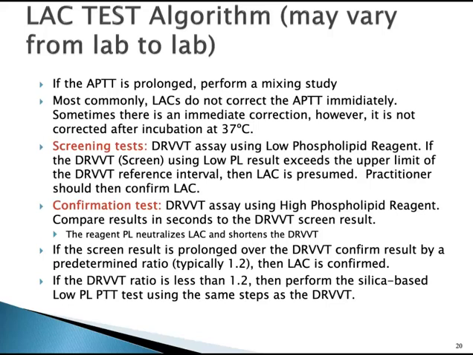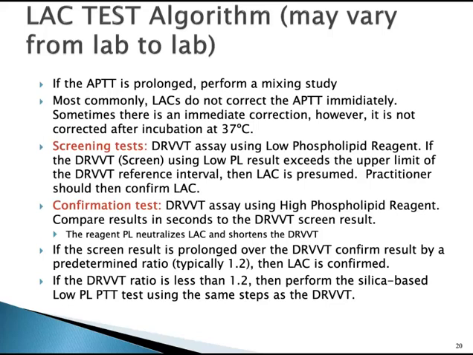If this DRVVT screen using a low phospholipid reagent exceeds the upper limit of the DRVVT reference interval, then you could presume that there is a lupus anticoagulant present. And then after that, the practitioner will perform a confirmatory lupus anticoagulant test. That test would be the DRVVT assay using high phospholipid reagent.